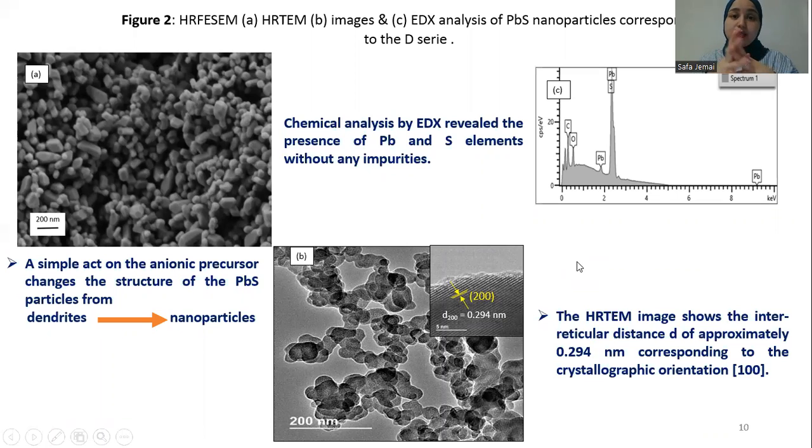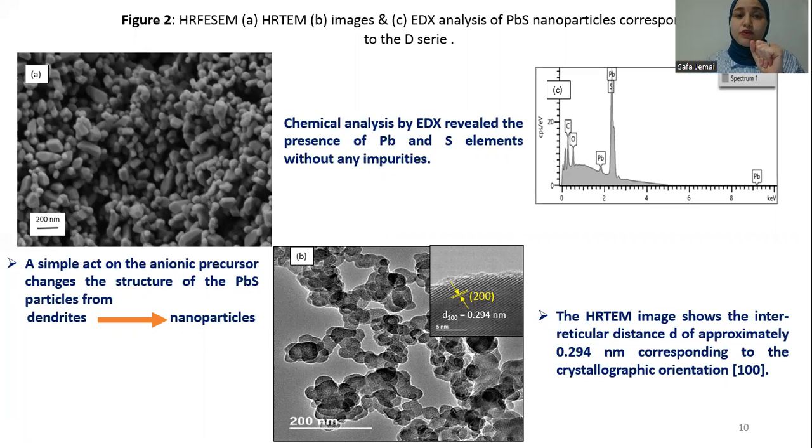which blocks the formation of starfish PbS dendrites. And finally, in series D, by simply changing the anionic precursor and the anionic precursor concentration, the structure of PbS particles changes from dendrites to quasi-spherical nanoparticles.